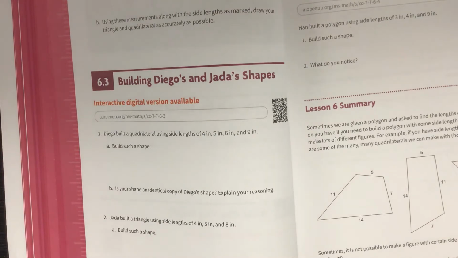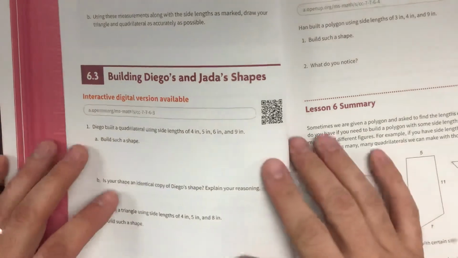Think about it this way: let's say you have a square and all sides are 4. That is not the only shape you can draw with all sides 4. You could draw a parallelogram with all sides 4. So just because the sides are the same doesn't make it the same shape.